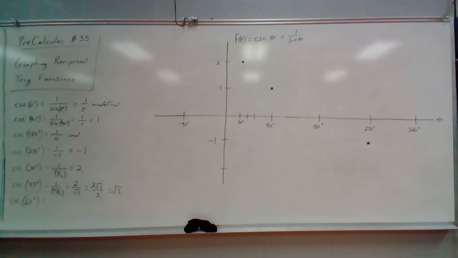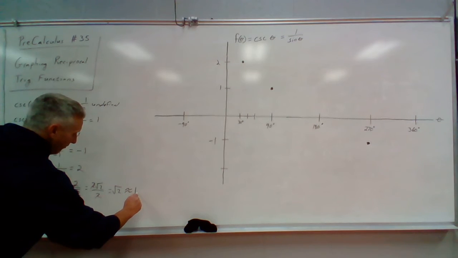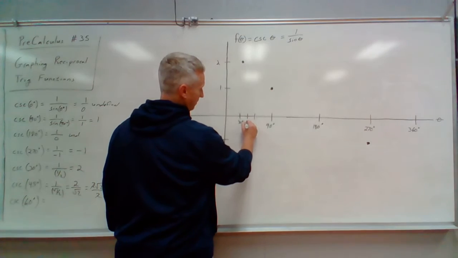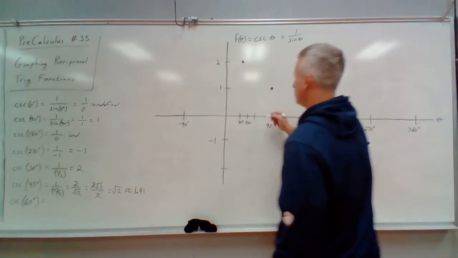And the square root of 2 is approximately 1.41. So a cosecant of 45 degrees here is 1.41.